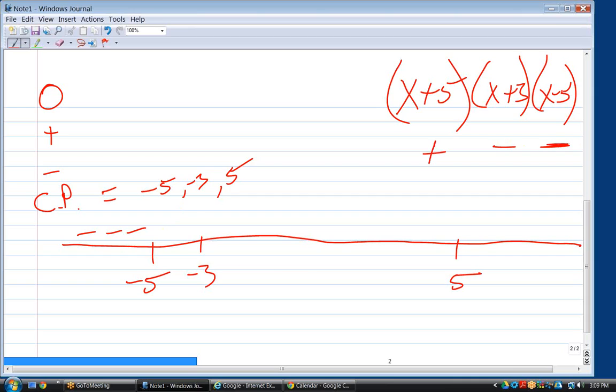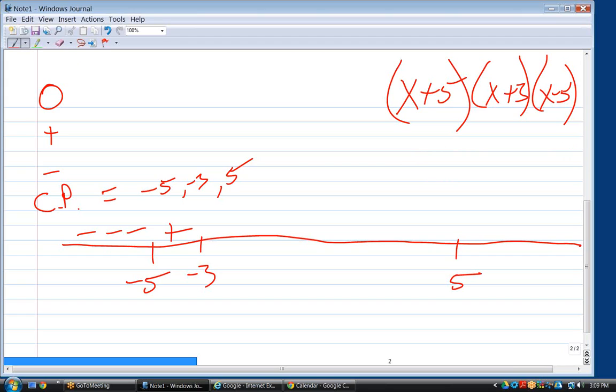Which means that it is plus in between minus 5 and minus 3. Wouldn't it be like opposites in each of the gaps between? Probably in this one, but not always. You can have lots of different complicated functions, so really the only way to tell is to test each one with a point.